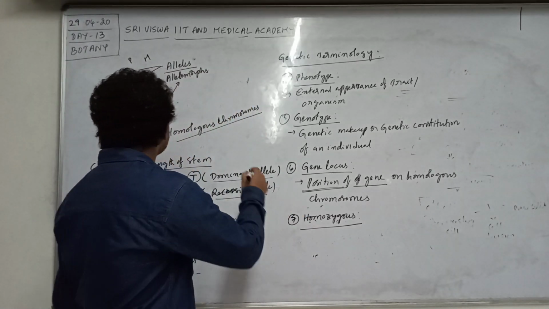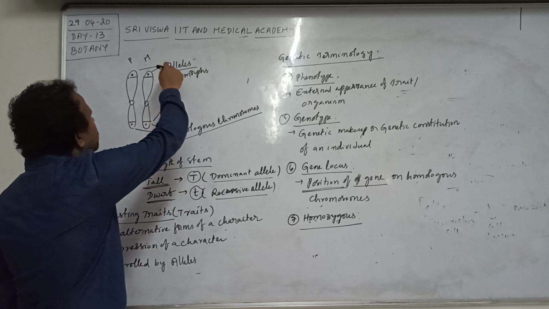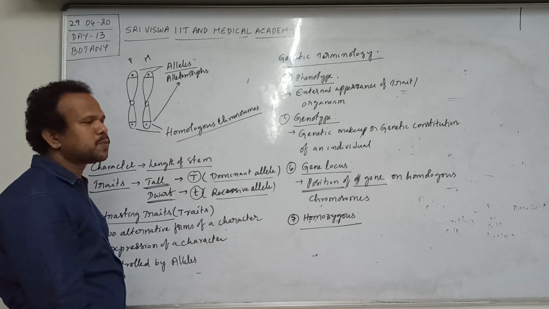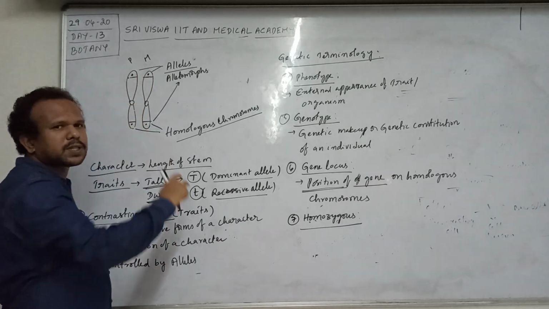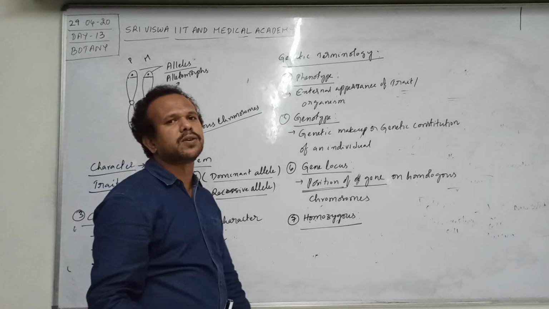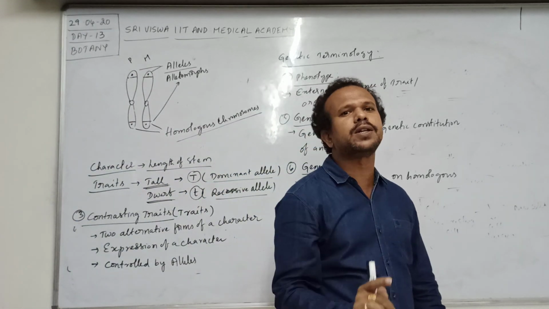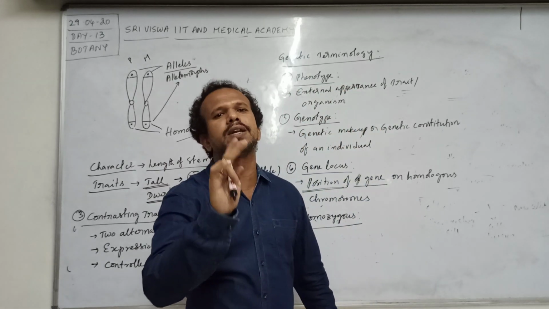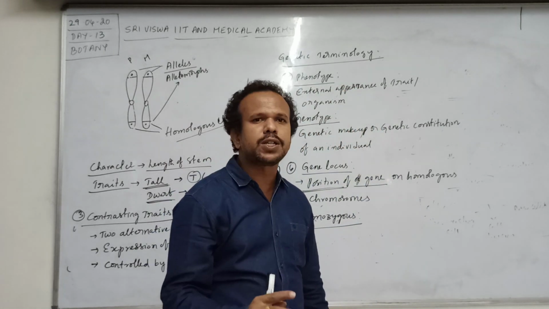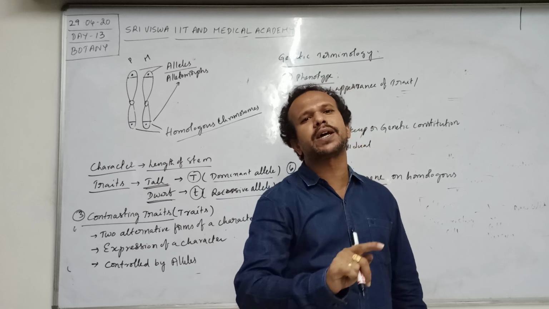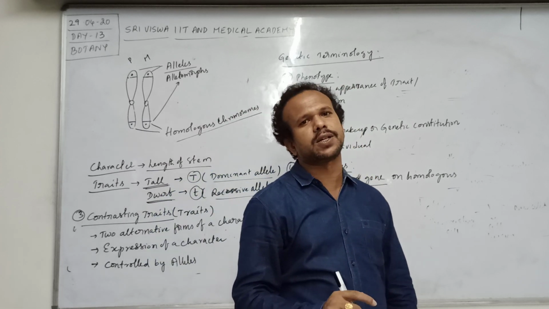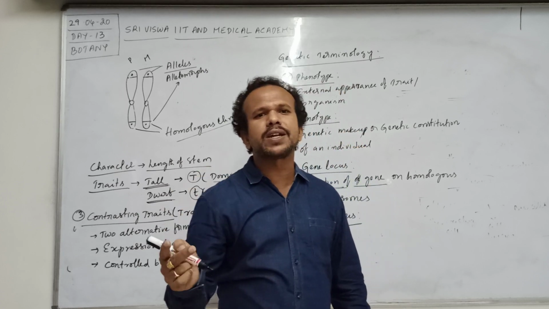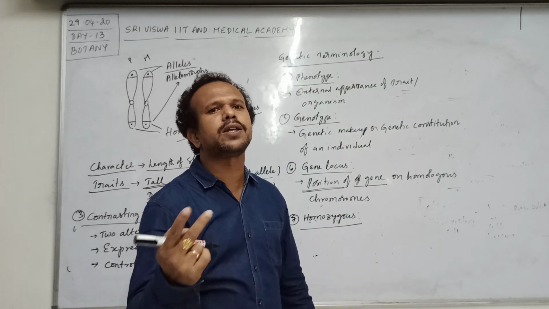For example, this is one pair of homologous chromosomes. Here, how many chromosomes are present? Two. How many alleles of a gene are present? Two alleles of a gene. Each diploid individual contains two alleles of a gene. Out of which, if two alleles are of the same type, such a condition is said to be homozygous condition. If two alleles are of different types, such a condition is said to be heterozygous condition.